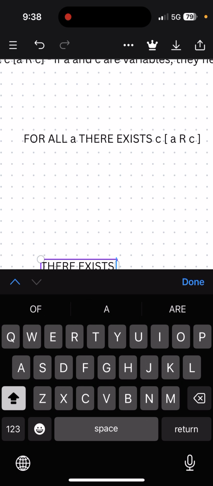I was wondering if I switch A and C, for all C there exists an A, that would just mean it's right total, which is interesting to think about.